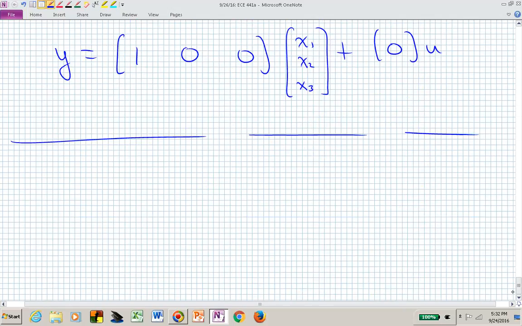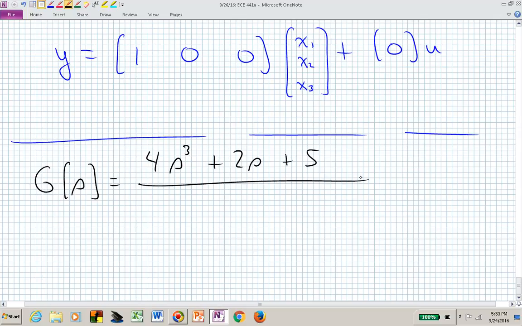As I promised at the beginning, let's now look at what would happen if somebody gave you a slightly different transfer function, and it's now 4s cubed plus 2s plus 5 all over s cubed plus 6s squared plus 7. What I hope that you remember is that the first step is to check the orders or the degree of your numerator and denominator polynomial and make sure that you have a strictly proper transfer function.